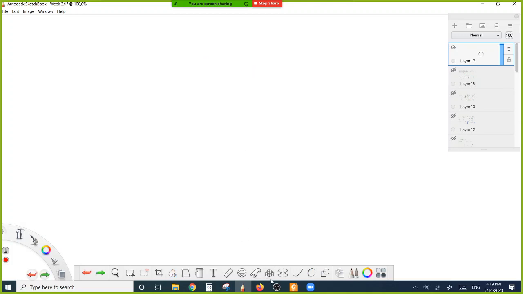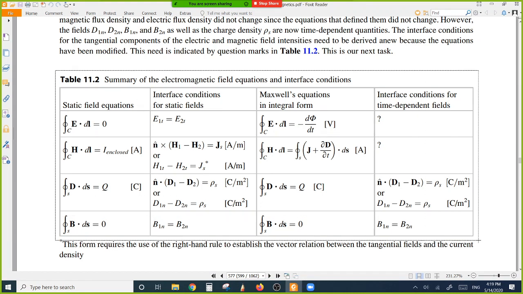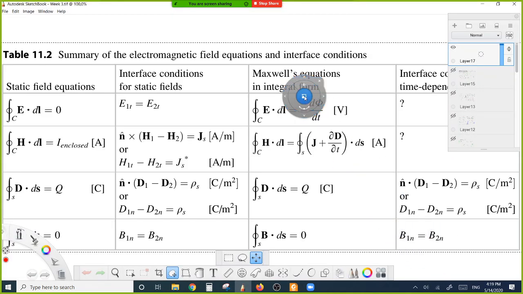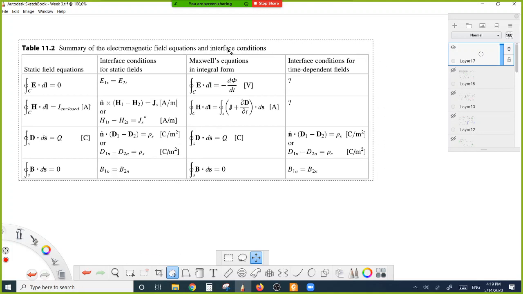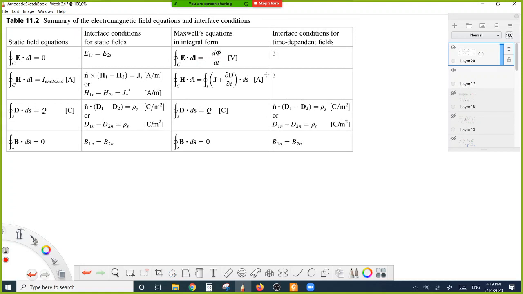This is the table which shows the summary of the electromagnetic field equations and interface conditions. Interface conditions are equivalent to boundary conditions, so please don't be confused.